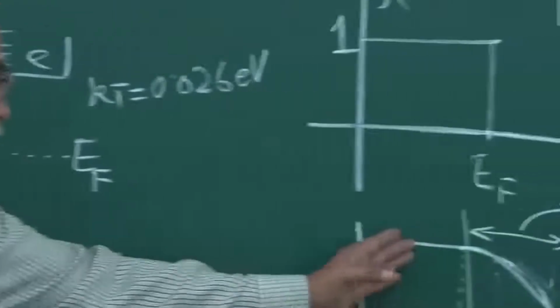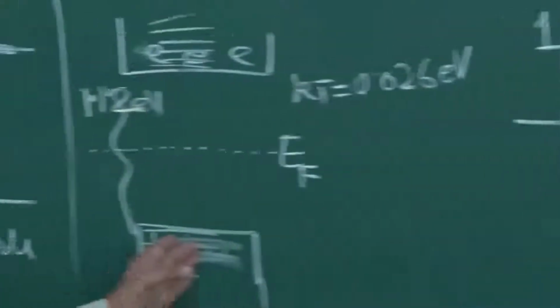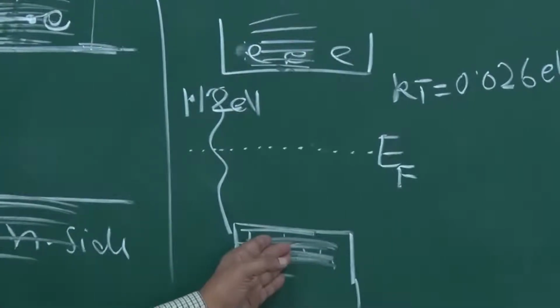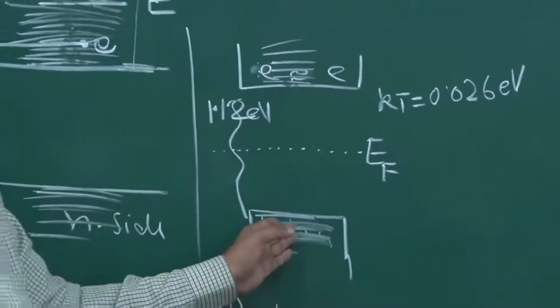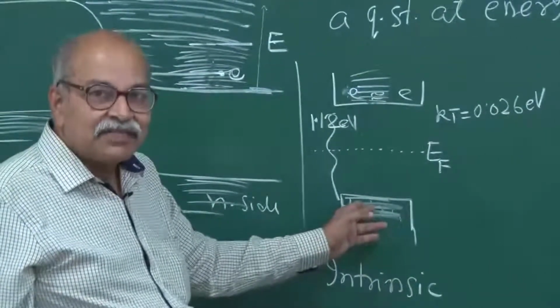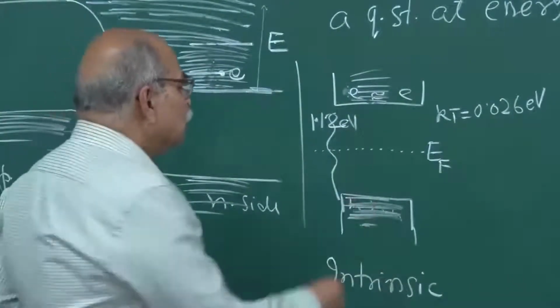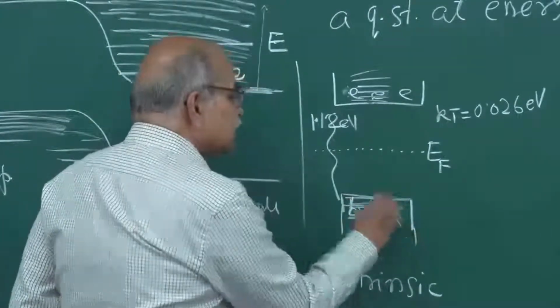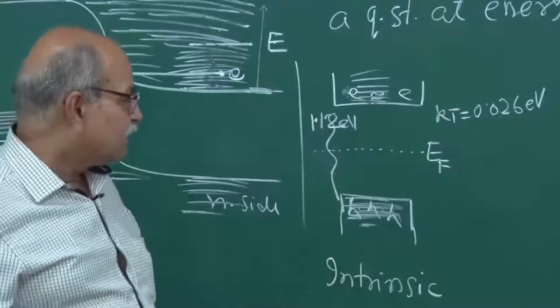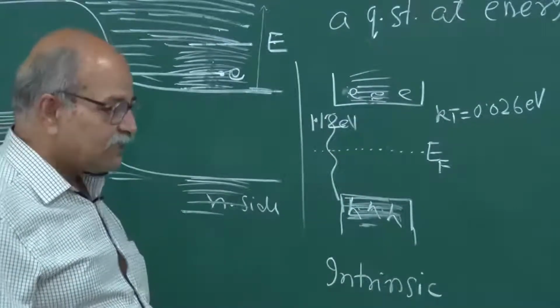So the probability that it is not occupied, which is 1 minus Fe, so that there is a hole there, is again very, very small, and so only a few holes will be there. That's the picture for an intrinsic semiconductor.